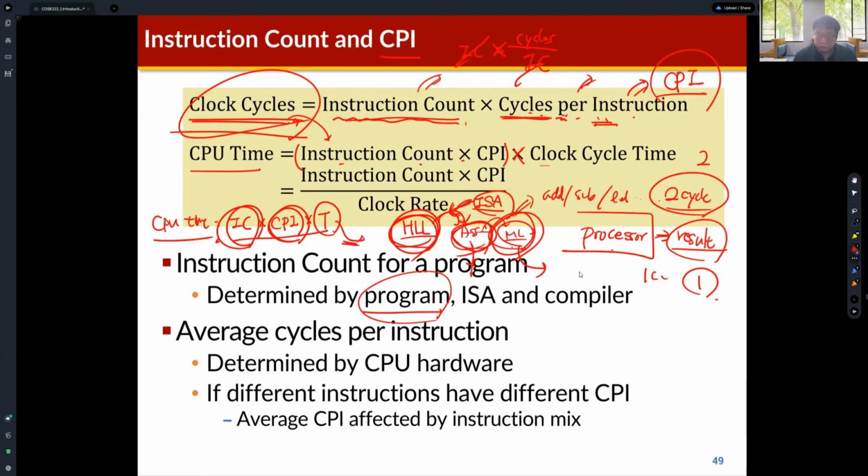This is a program written in C. It's a C program. And then this same C program can be compiled using the x86 ISA, and then binary code will be generated.